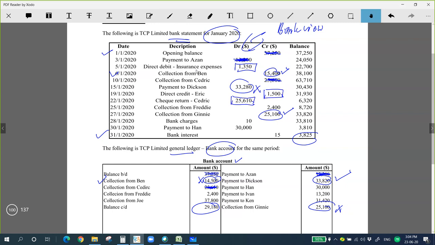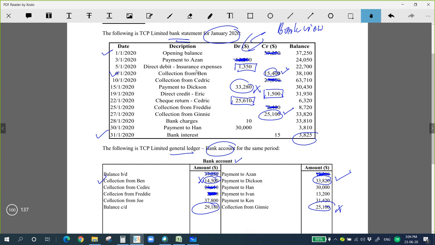Next, collection from Freddy. Freddy, 2,400 collection we show in credit, correct? And then in the bank account, we show debit as a collection. So this amount is also correct, so we can strike through. It means that no adjustment is needed. Next one, bank charges, $10.